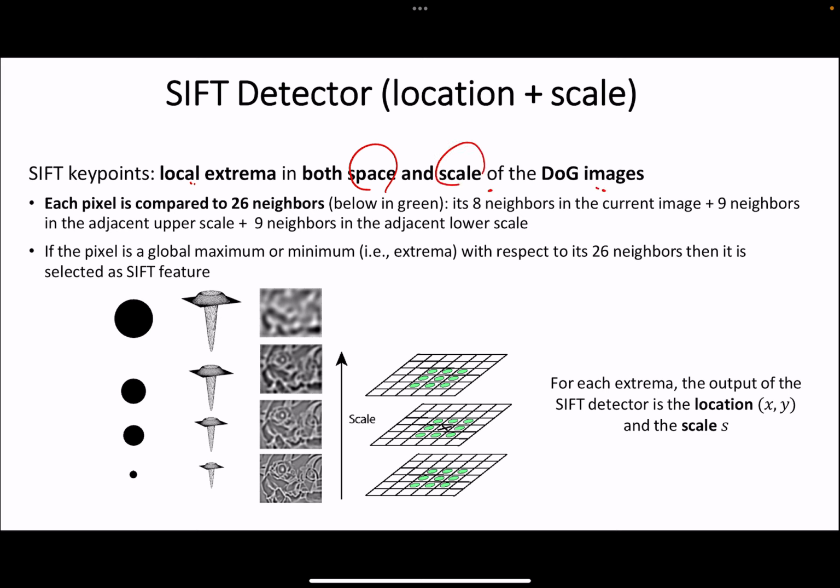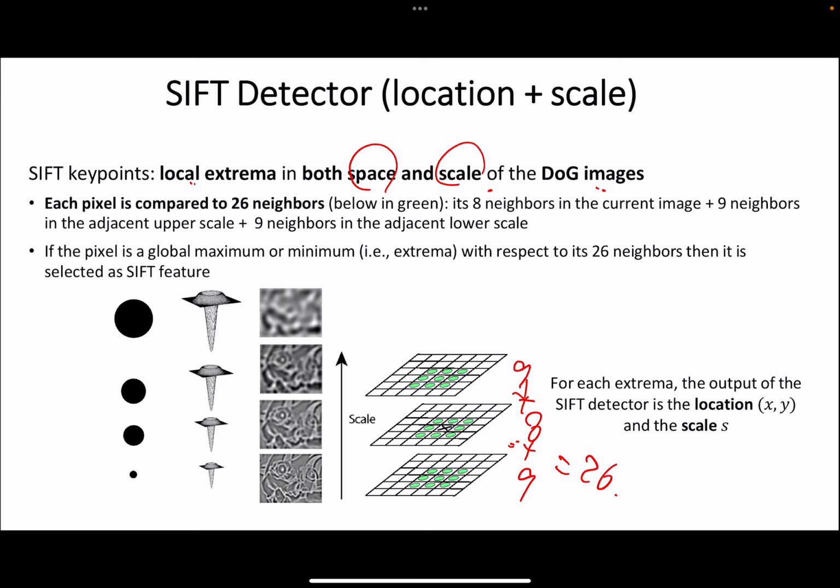So this shows some actual implementation. Let's say we have some image, a local patch, and each pixel is compared to 26 neighbors. Here, the black cross is the current pixel, and there are 9, 8, 9, which sum to 26 pixels.